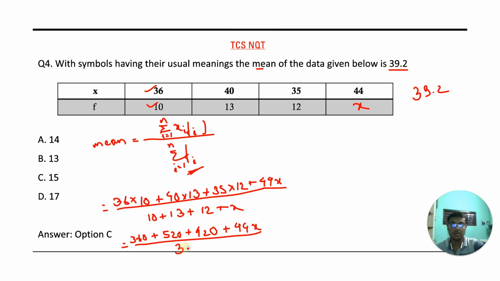And here we have 13 plus 12, 25 plus 10, 35 plus x.